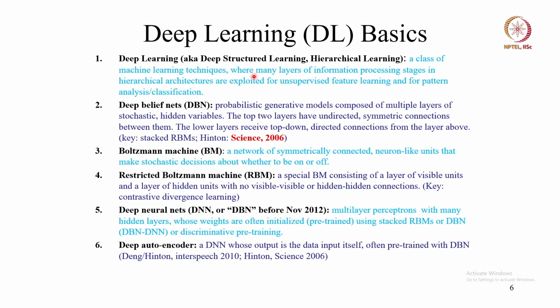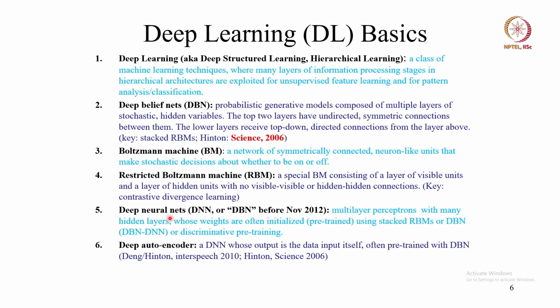There are different types of deep learning algorithms: deep belief nets, which are probabilistic generative models; the Boltzmann machine, a network of symmetrically connected units which makes stochastic decisions of whether to be on or off; then the restricted Boltzmann machine, where you have some visible units and some hidden units.